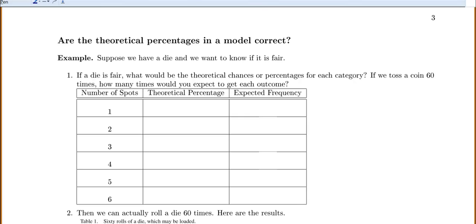So let's start with the theoretical percentages. So there are 6 sides on a die. So each side should have a chance of 1/6, or 1 divided by 6 is 0.166, and times it by 100 gives you 16.66%. So each of these percentages should be 16.66%.